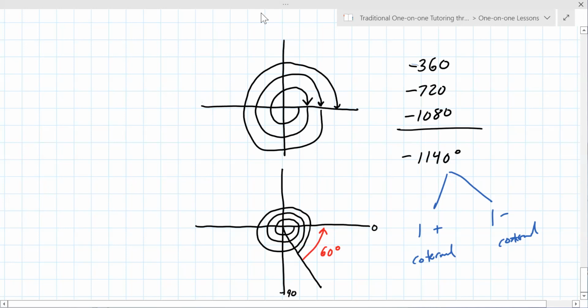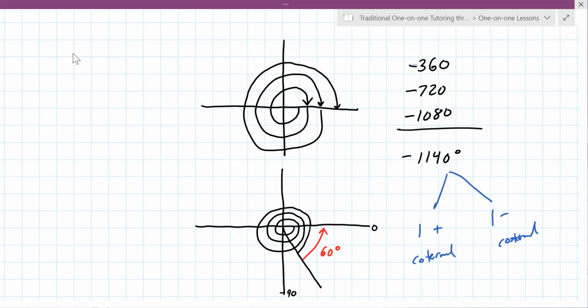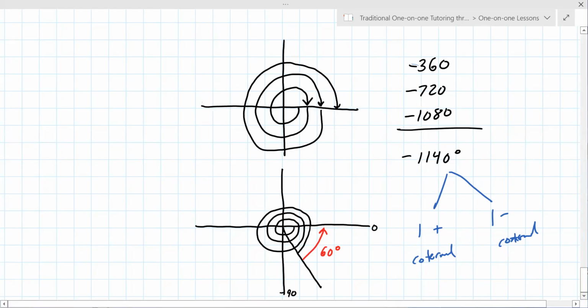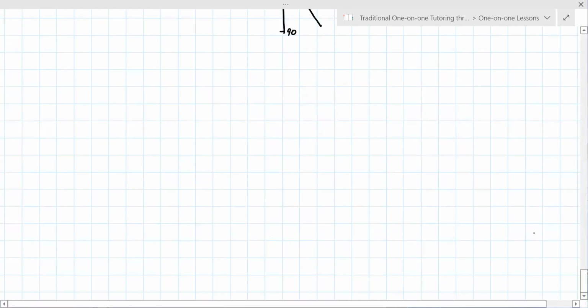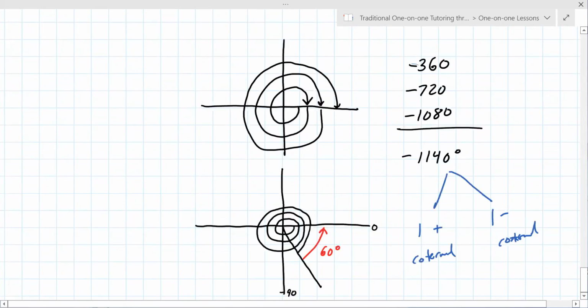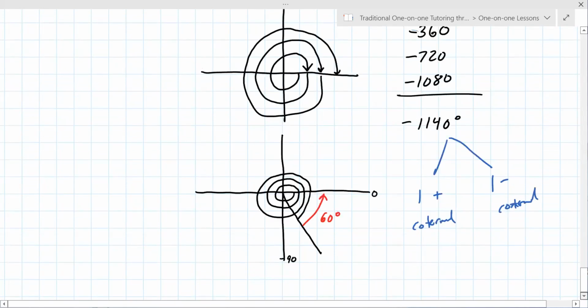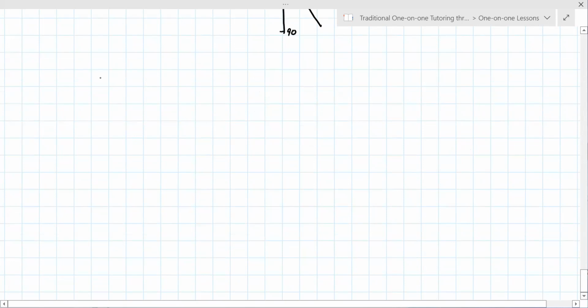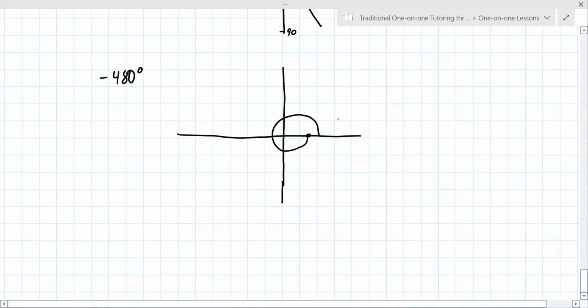So let's do another example here. Let's make it a little bit easier. Let's say it's minus 480 degrees. Okay, so you're starting here along the x-axis, but you're going clockwise, 360 or minus 360.